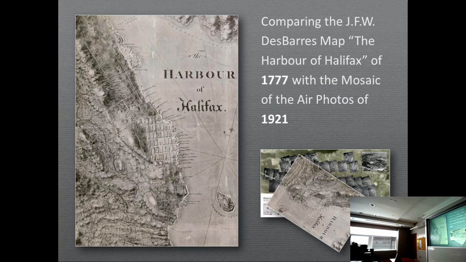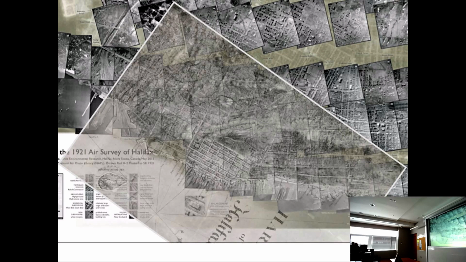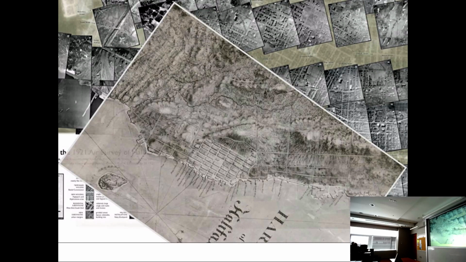So I've used a similar approach to digitally overlay the DeBars map to the air photo mosaic, and then see how things match up. And I want to stop it here and indicate to you how very exact the coastline matches.